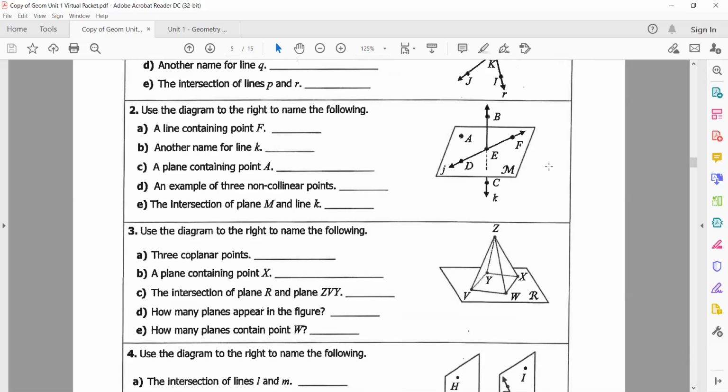The diagram in number 2 might look a little bit odd. We've got a plane represented by this 4-sided shape. We got this line here that looks like it's on the plane. We got this other line that's going through the plane. And how do I know that's going through?